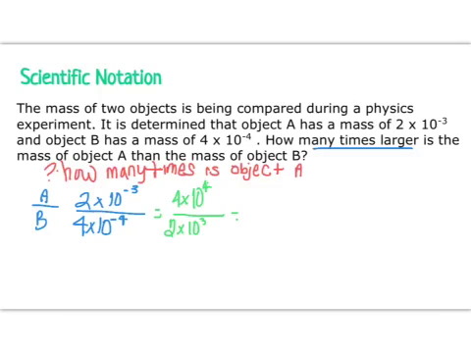From here, I'm going to divide my whole numbers. 4 divided by 2 is 2. And when I'm dividing with the same base, I'm going to subtract my exponents. 4 minus 3 is 1. So 2 times 10 to the positive 1 power, that's just 2 times 10, so 20. So object A is 20 times larger than object B.